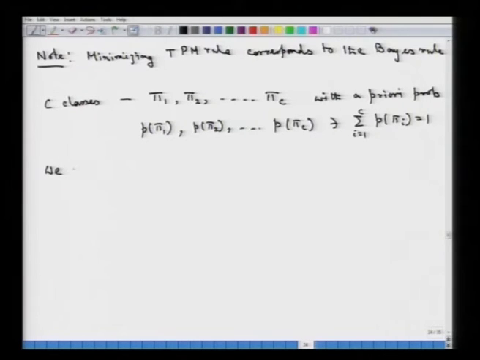Now, we are looking at the Bayes counterpart.